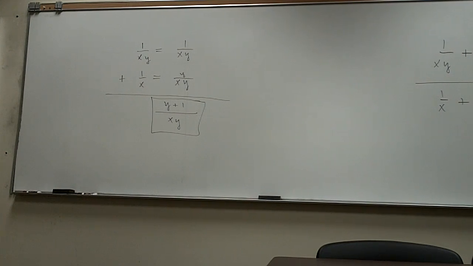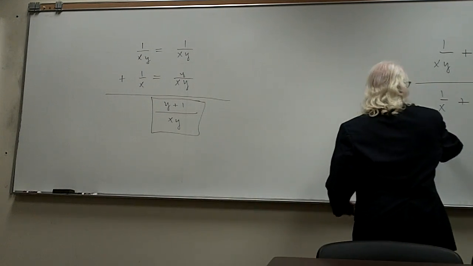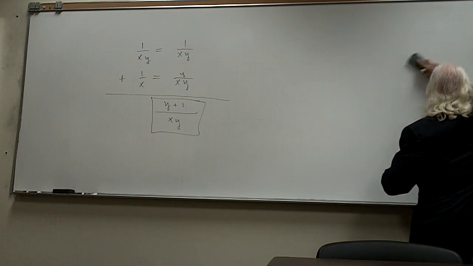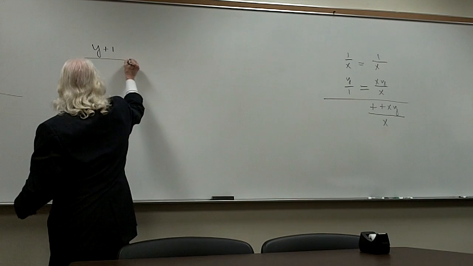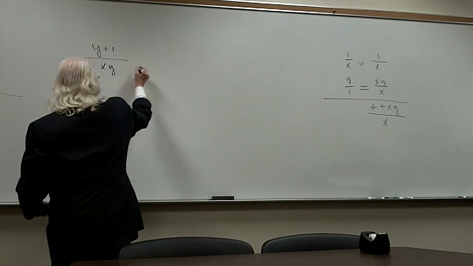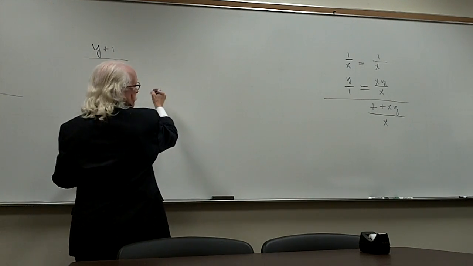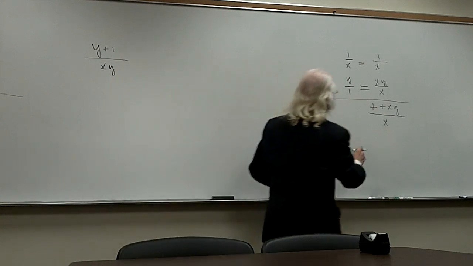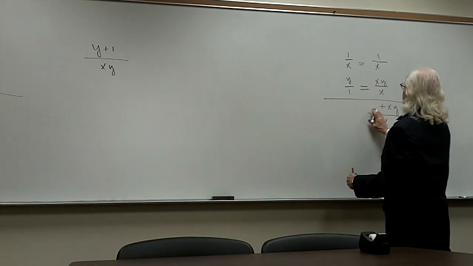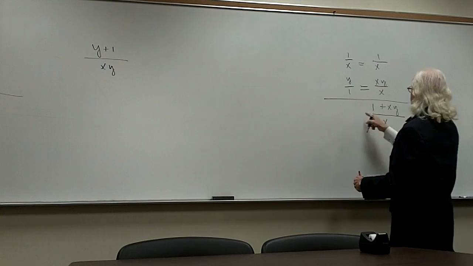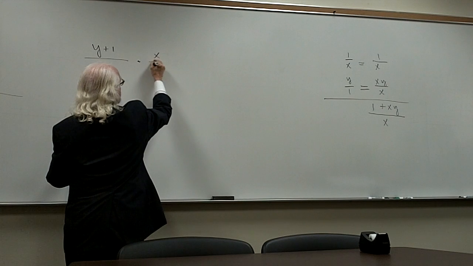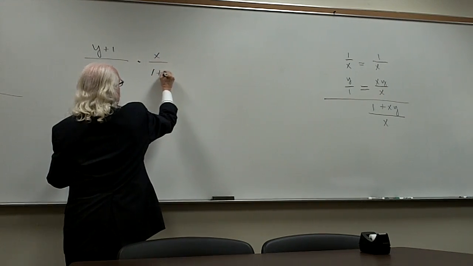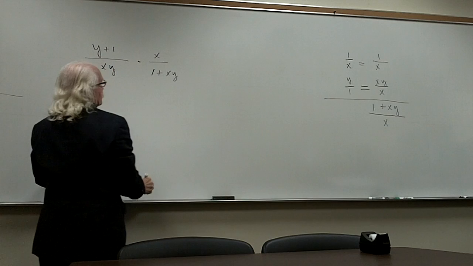Say yes. Sure. So now, I'm erasing this away, I don't need this anymore. This now says y plus 1 divided by xy, and I can invert that one and multiply. This is supposed to be 1. Everybody see that?